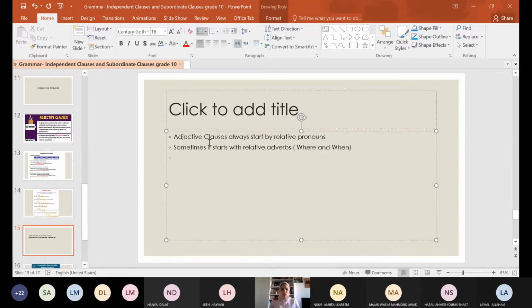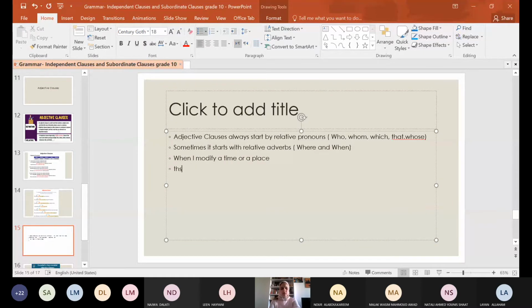Adjective clauses always start with relative pronouns: who, whom, which, that, whose. Why do I start with where and when? I start with when and where when I modify a time or a place.